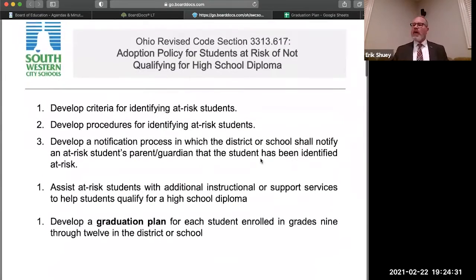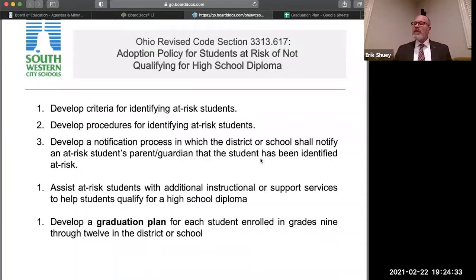It really started off with the Ohio Revised Code, where you, the board, adopted the policy for students at risk of not qualifying for a high school diploma.